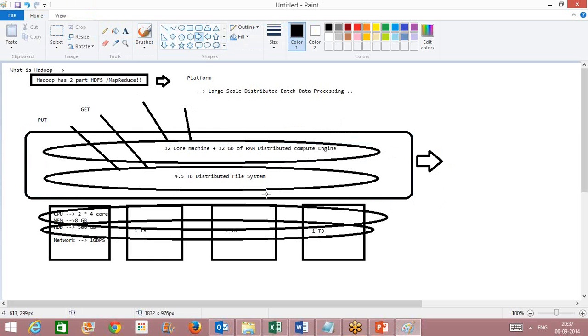If you view Hadoop this way, then if you add another 2 machines, my processing capacity is going to go up, my storage capacity is going to go up, and I can handle more volume of data and more processing of the data. And this is precisely Hadoop, a large-scale distributed processing platform. I hope you get what I mean and what I view as Hadoop. Is this clear?